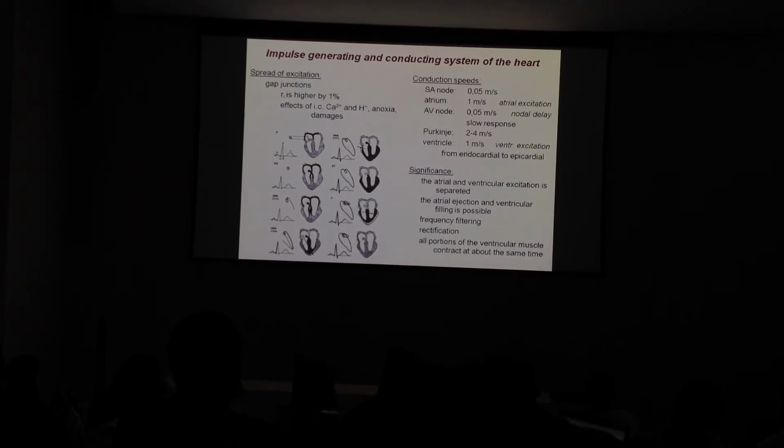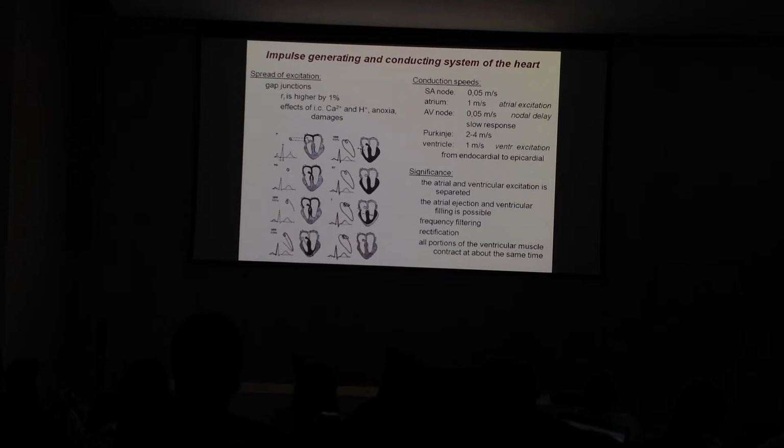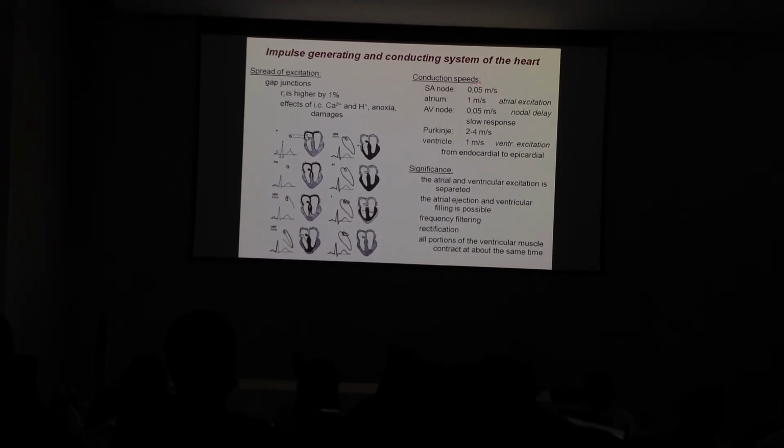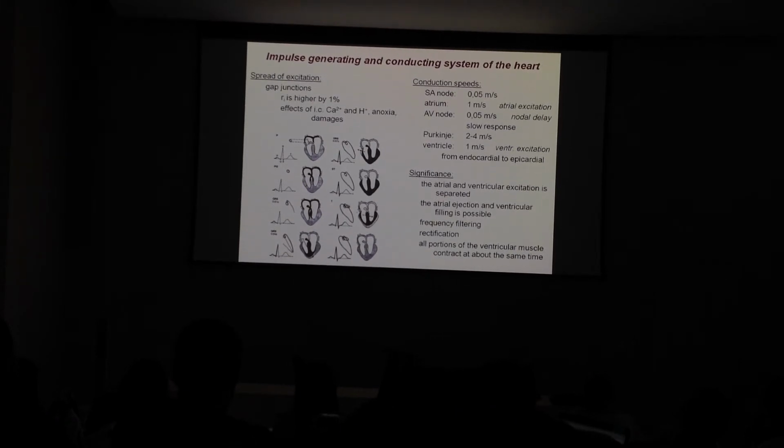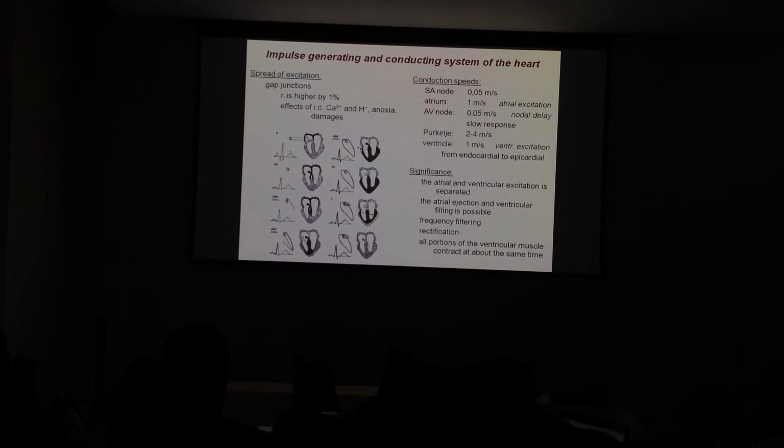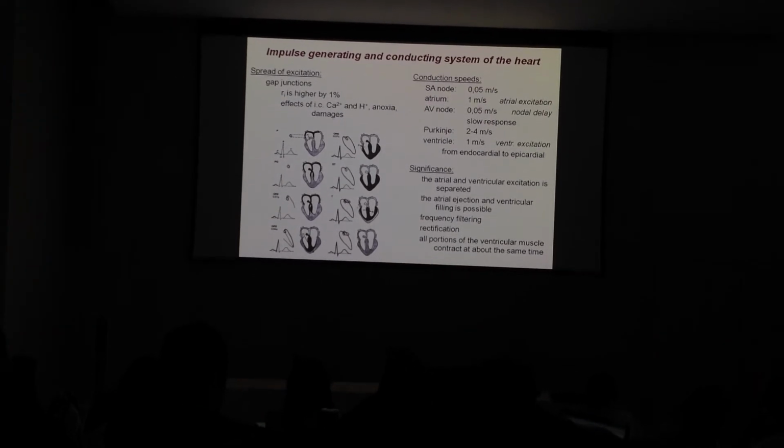The propagation in the atrial muscle fibers is basically a very fast process. All the atrial muscle fibers will be depolarized, and the action potential depolarizing all the atrial muscle fibers will reach the AV node.